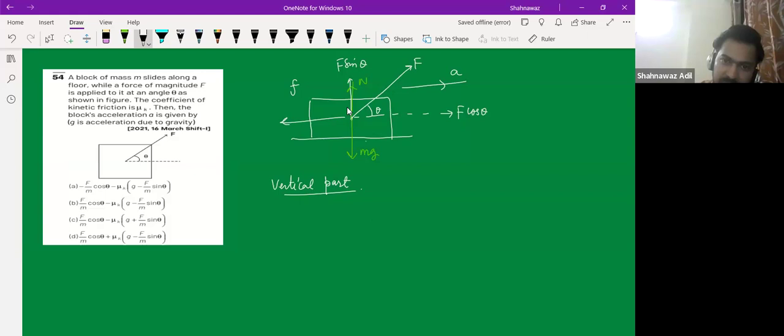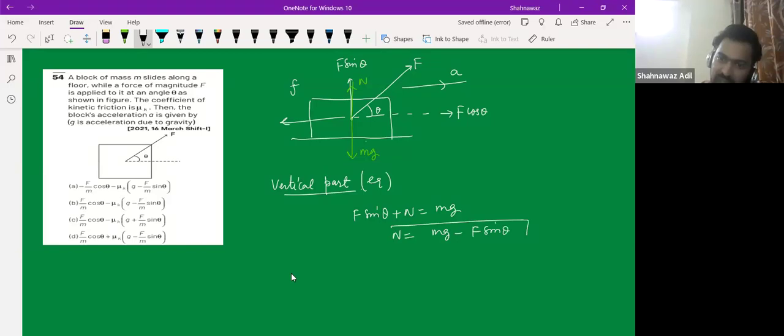In the vertical part, equilibrium or Newton's law? Equilibrium. Maria has said equilibrium. So let us apply it, which means upward forces equal downward forces. So N is mg minus F sine theta.